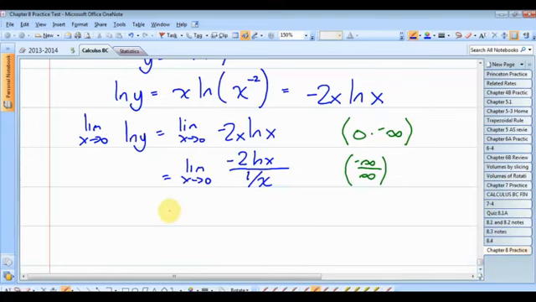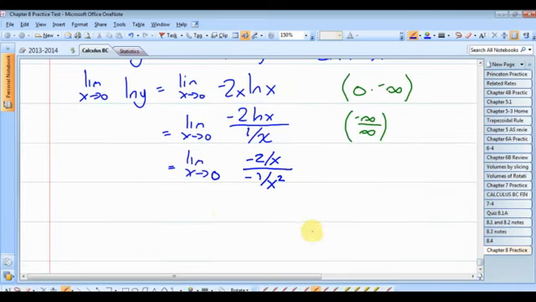Okay, so we have an infinity over infinity form. We can L'Hopital now. That is the ugliest 0 I've ever written. Negative 2 over x over negative 1 over x squared. Don't try and do anything. Simplify. I think I get 2x here, don't I?